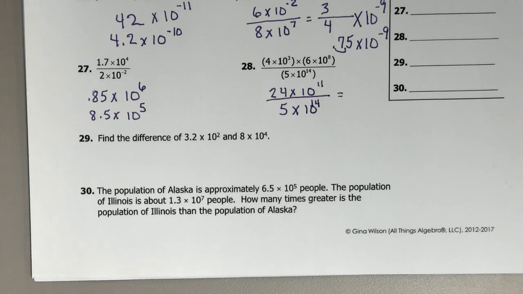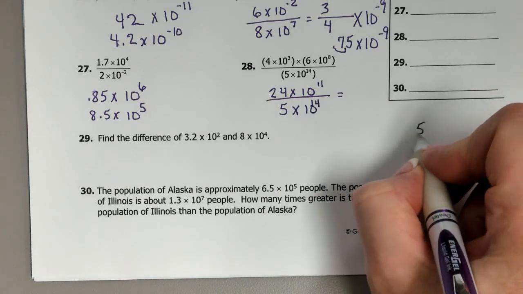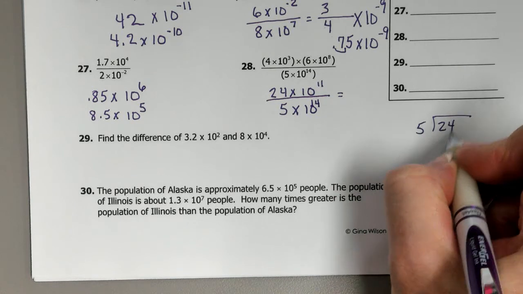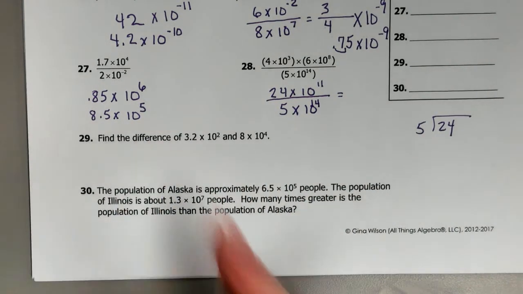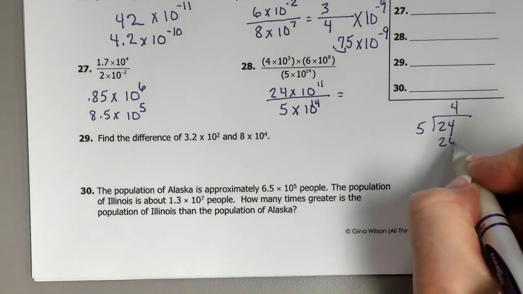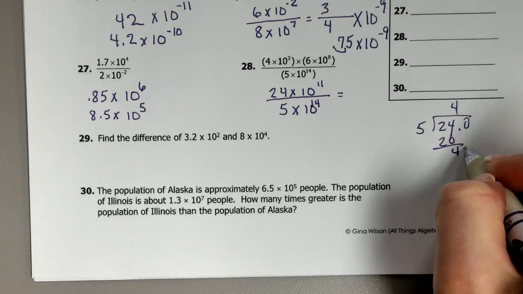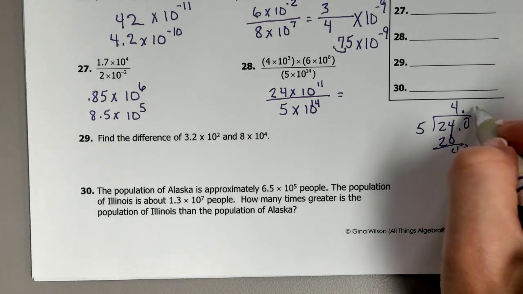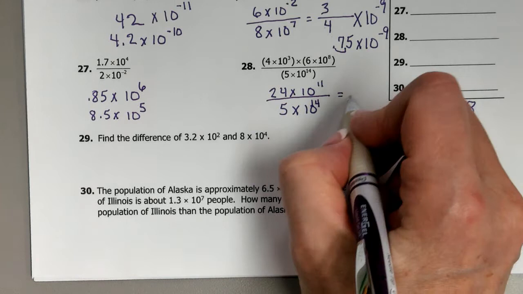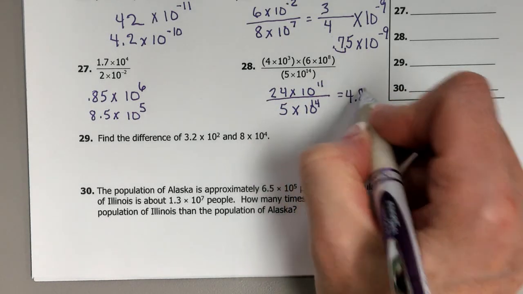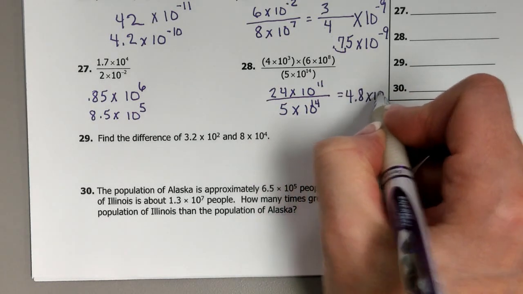All right, so 5 into 24, I'll just work it over here. How many times is 5 going to go into 24? Yeah, 4. And then 5 into 48. So we're looking at 4.8 times 10.